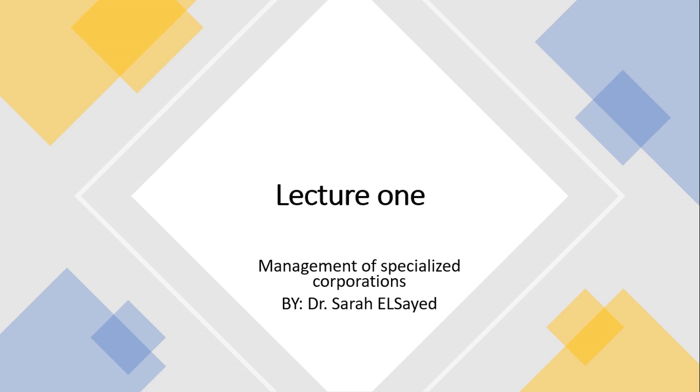This syllabus is explained according to the type of corporation. For example, we can explain the syllabus for hotels, for banks, for industrial organizations. Our syllabus mainly will be explained on industrial corporations.